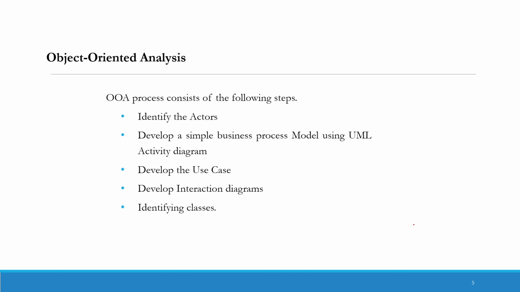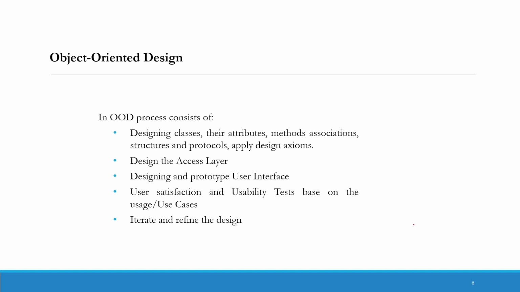The other one, in object-oriented development or designing, we are going to do the following. Most of the time, in object-oriented designing or software designing, we have to know the structure of the system and the interaction between the system.